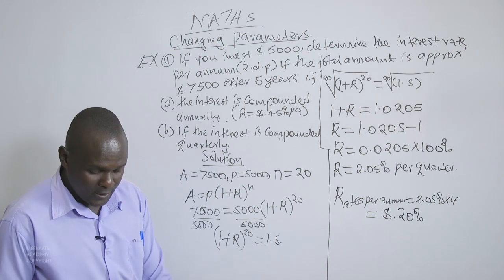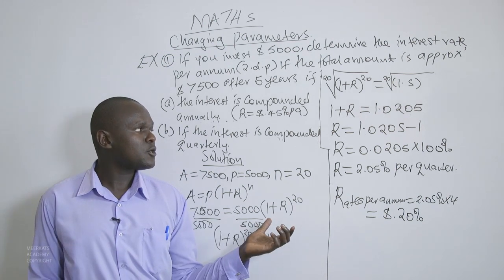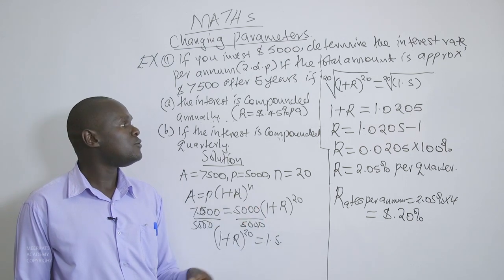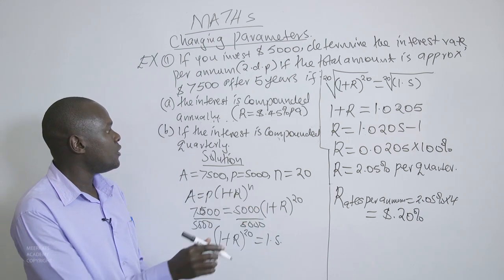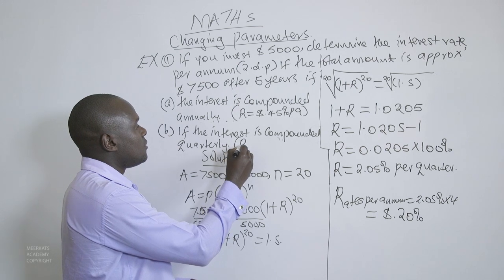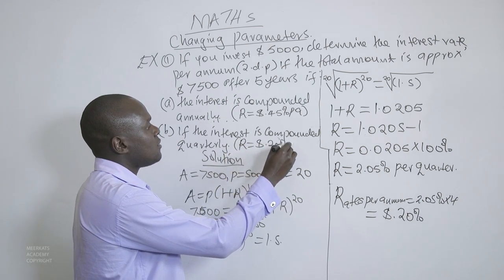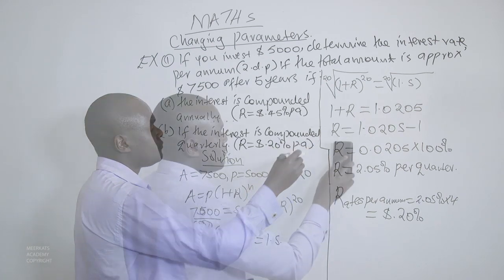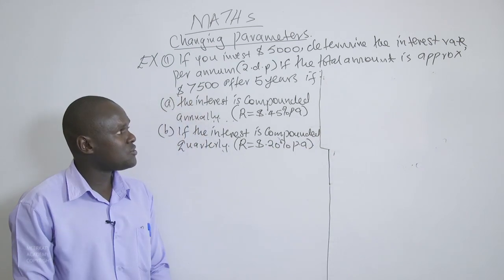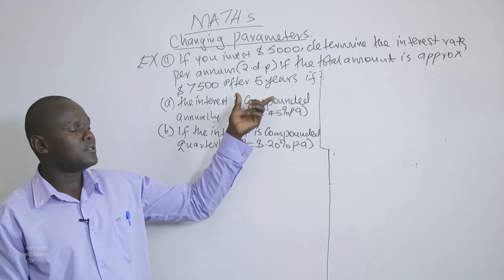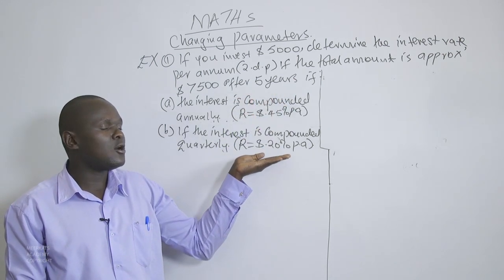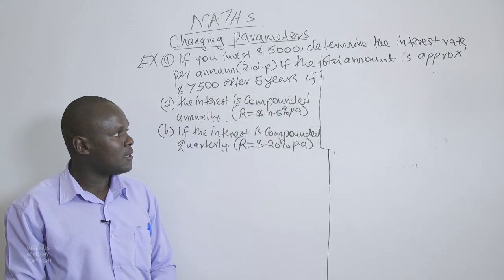This is the percentage we have. So when this compound interest is compounded quarterly, we are getting the rate of 8.20% per annum. So the periods have changed. Our first periods were in terms of years, 5 years. We've now moved to quarterly.